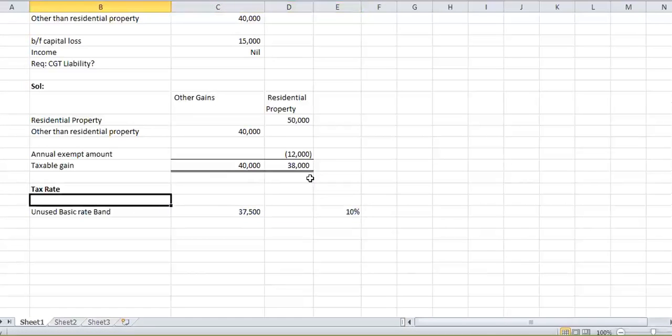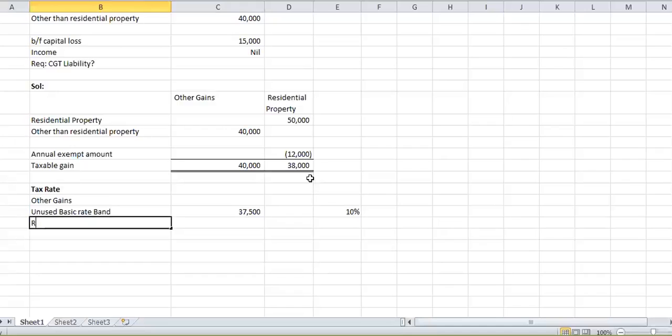So first of all, we are applying tax rates on other gains. And what is the remaining gain? You can see total gains are 40,000 minus 37,500, and we are done with other gains.